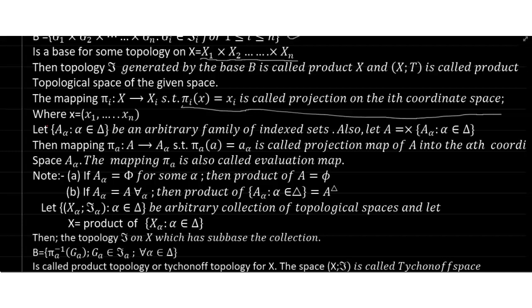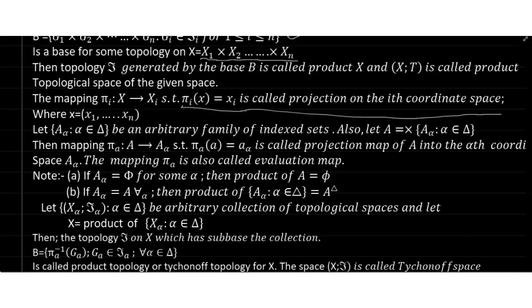Also let A = the product of A alpha, alpha belongs to Delta. Then the mapping pi alpha from A to A alpha, such that pi alpha(a) = a alpha, is called the projection map of A onto the alpha coordinate space. The mapping pi alpha is also called the evaluation map.